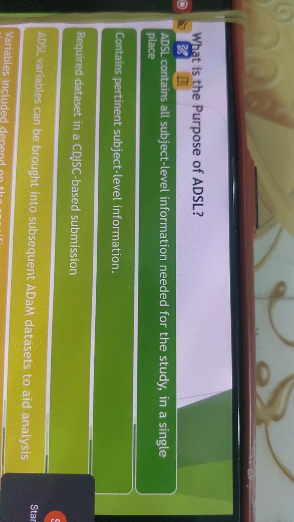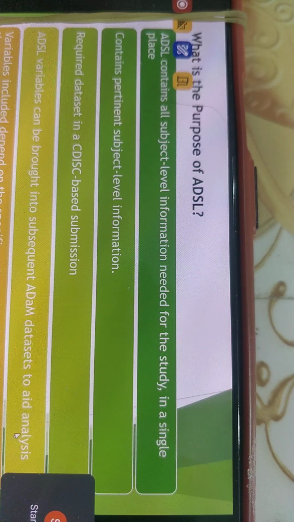Now, the required dataset in a CDISC based submission. Whenever it's a CDISC standard study going for regulatory submission, your ADSL dataset must be present. The ADSL variables can be brought into the subsequent ADaM datasets to aid analysis.